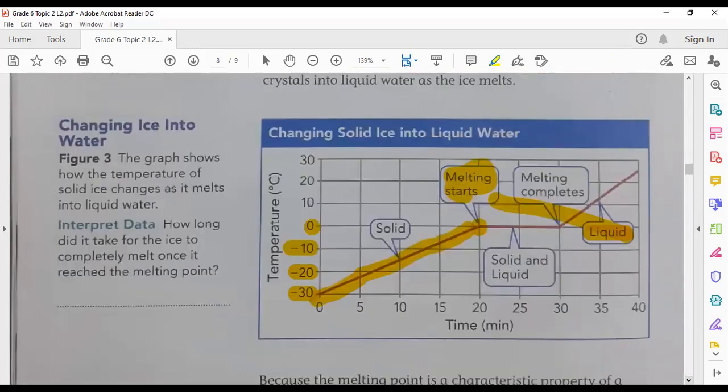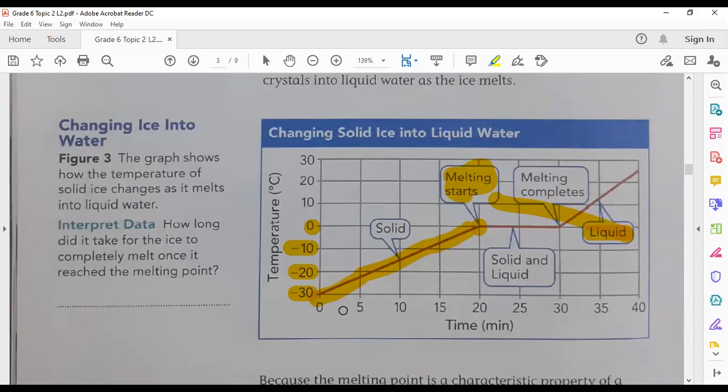Could you summarize the graph real quick? Okay, again, Karam. This graph shows how the temperature of solid ice changes as it melts into liquid water. Notice that this line shows the temperature of the ice cube. Here, the time.